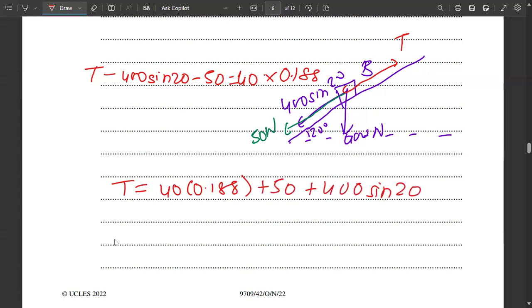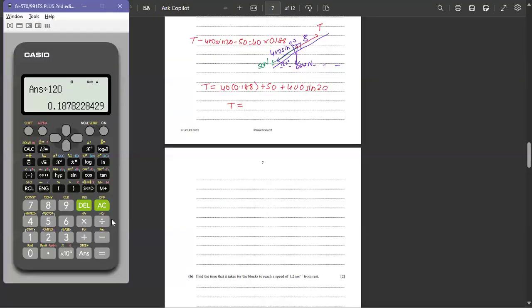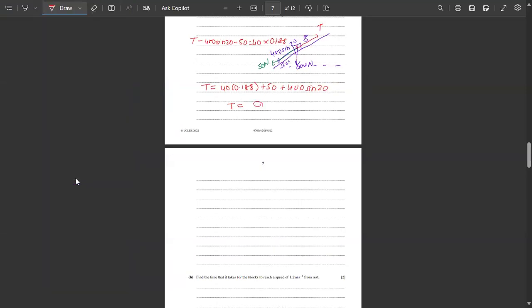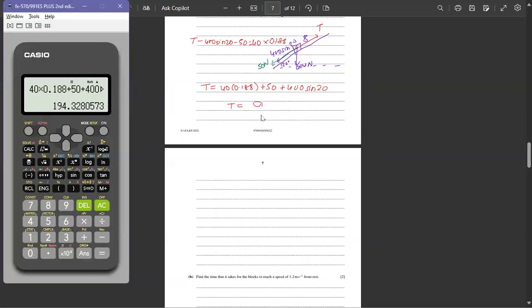By this, we'll get the answer for tension. Let us put it in a calculator and check it: 40 into 0.188 plus 50 plus 400 sine 20. So the value of tension is 194.33.